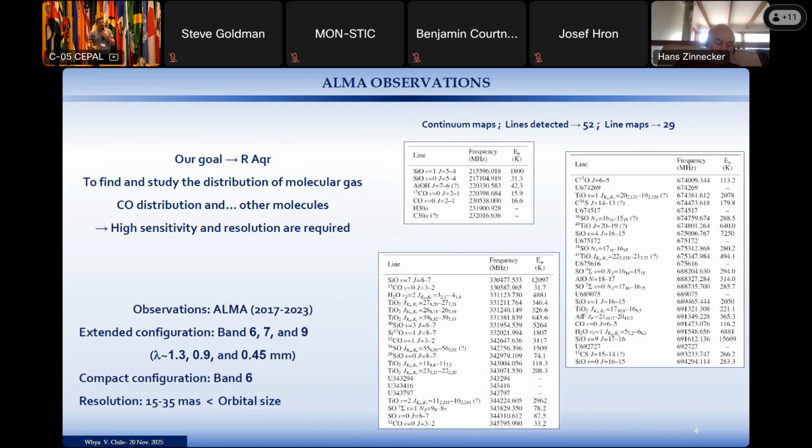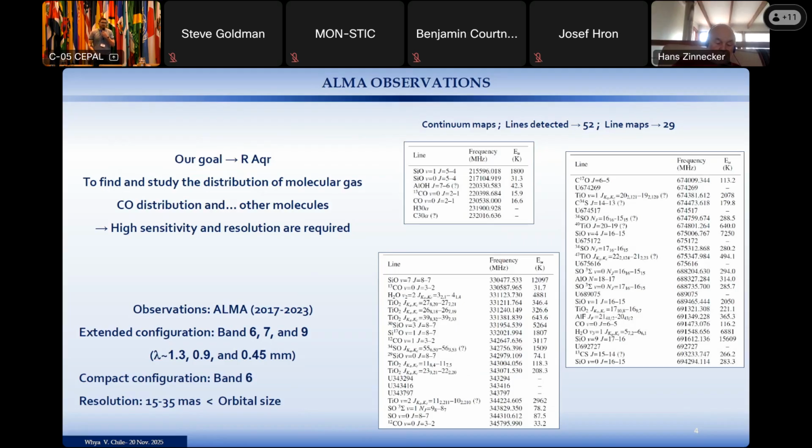We are analyzing ALMA observations in bands 6, 7, and 9, which correspond to wavelengths of 1.3, 0.9, and 0.45 millimeters. We also have observations in band 6 obtained with an extended configuration of the interferometer to explore the most extended emission at these frequencies.